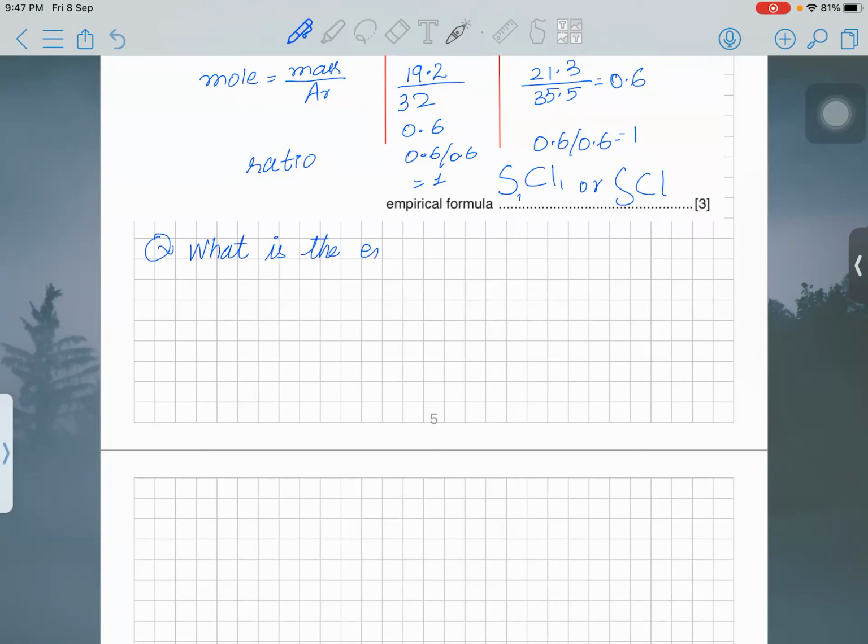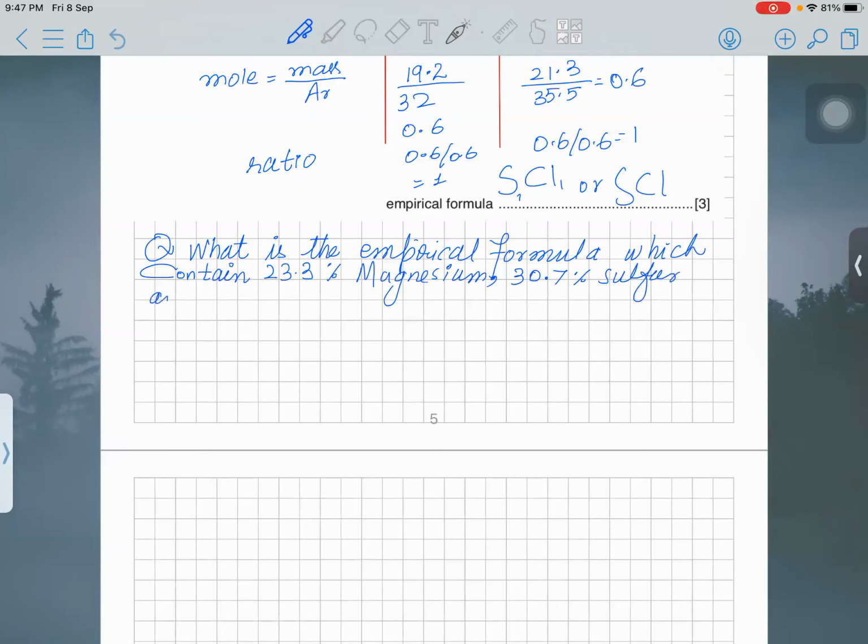What is the empirical formula of the compound which contains 23.3% magnesium, 30.7% sulfur, and 46.0% oxygen? Yes.